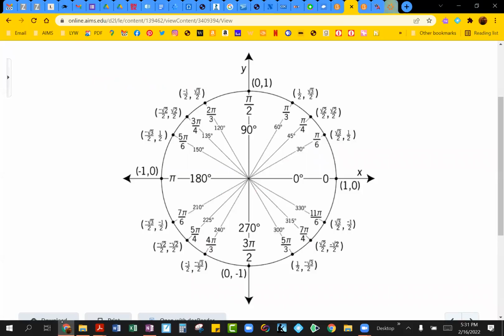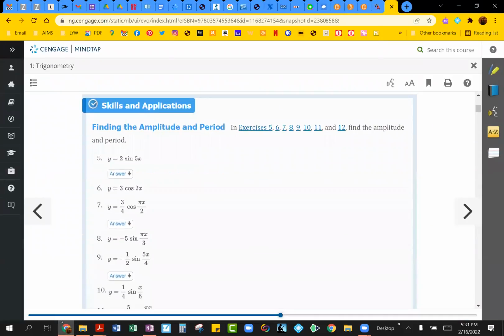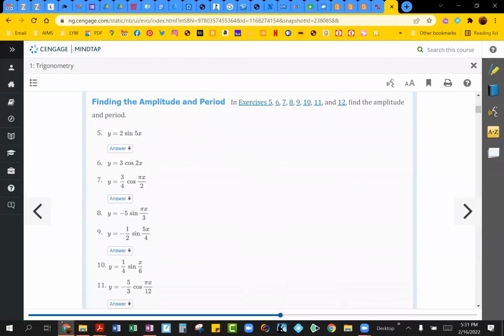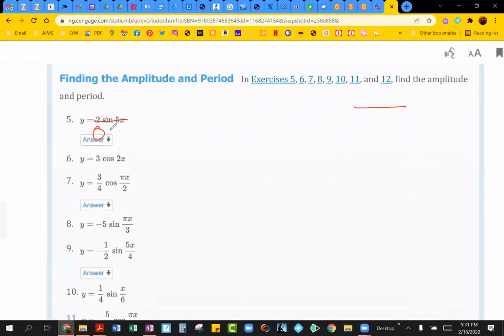So very quickly, I know we're kind of out of time here, but if you look at these examples, they're asking us to find the amplitude and the period. So just look at example 5 over here. Let's make this a little bit bigger. You have the A value, which will be 2, and that's coming from this number here.